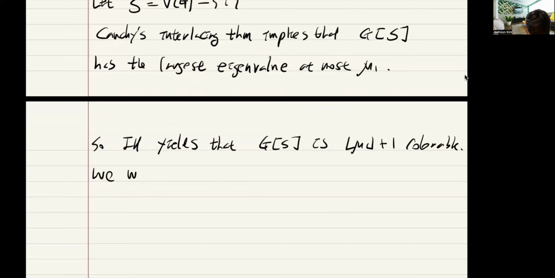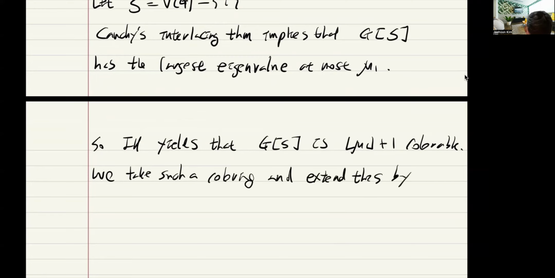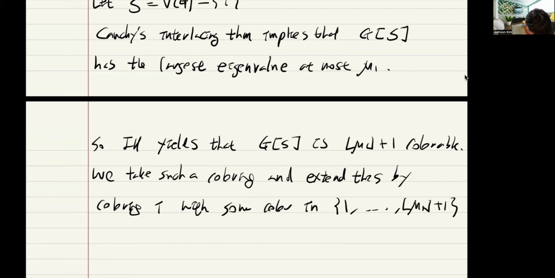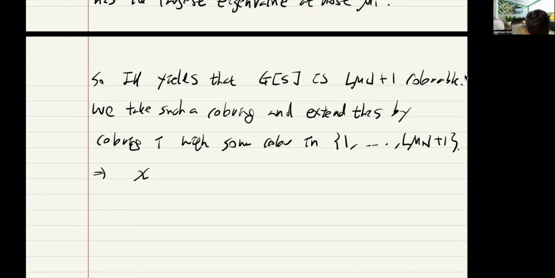And we take such a coloring and extend it by giving a color to this i with some color in it. So this desired inequality holds. Okay.